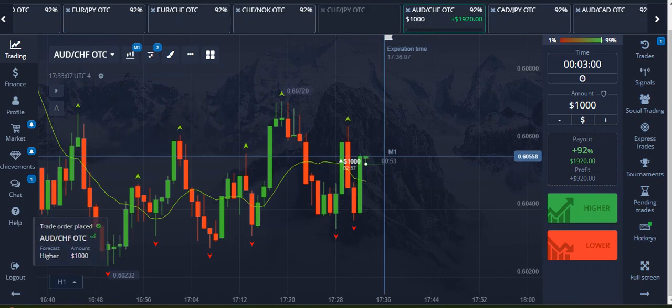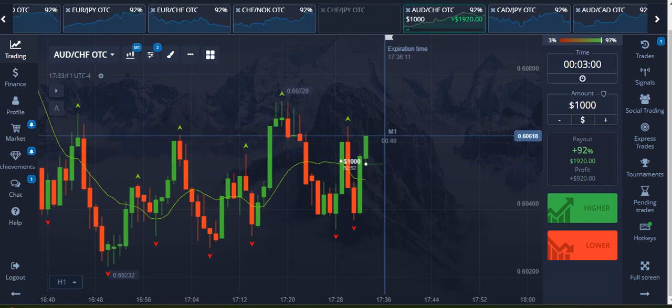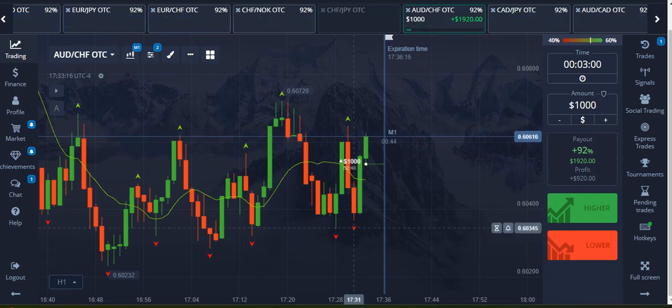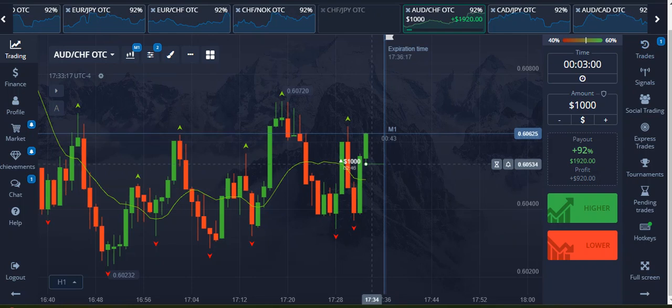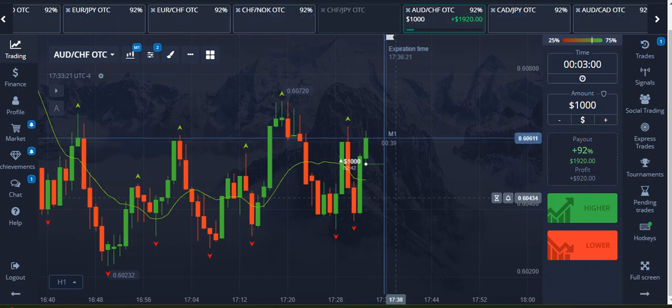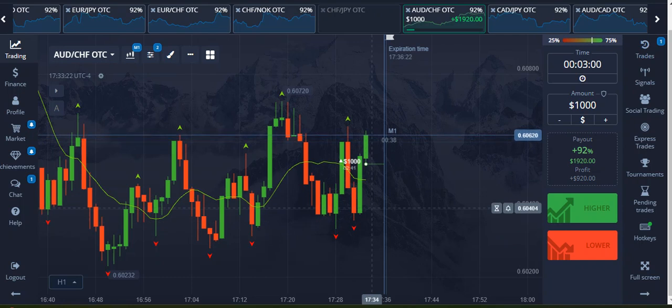Okay, so I'm back with the Aussie dollar Swiss franc, and this fractal just formed. So I took the trade. As soon as the fractal formed here, I took the trade in the bullish direction here.